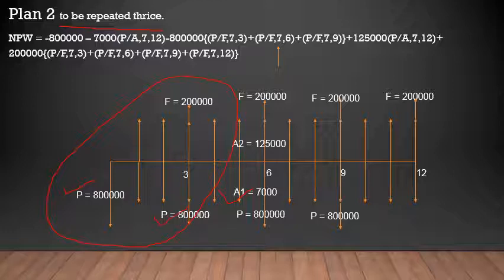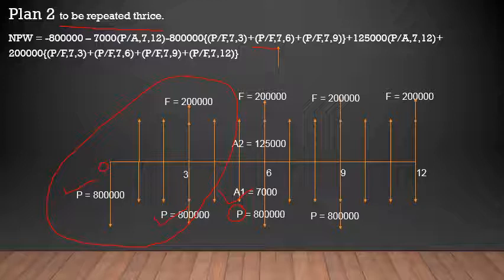Convert this into P using the factor P by F comma 7 comma 6. Even though I have written P here, this is P for the respective cycles, but actually for t equal to 0, they are all F. So I have to convert that into P at t equal to 0. That's why I have used the factor P by F comma 7 comma 6.